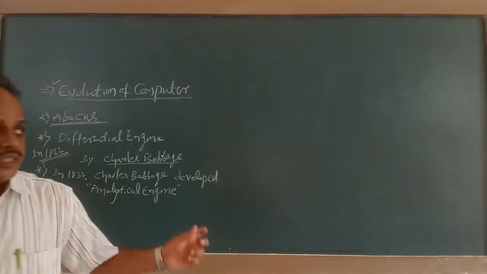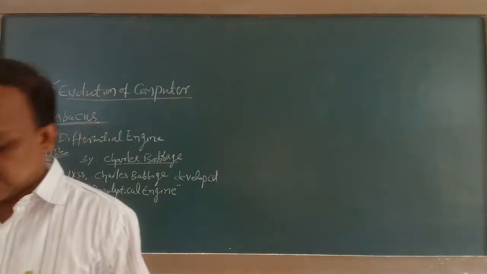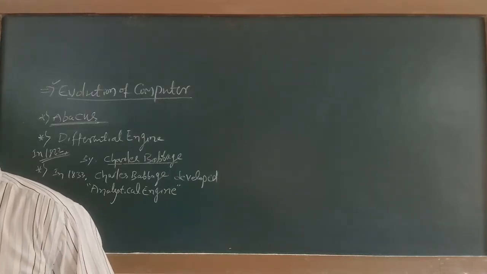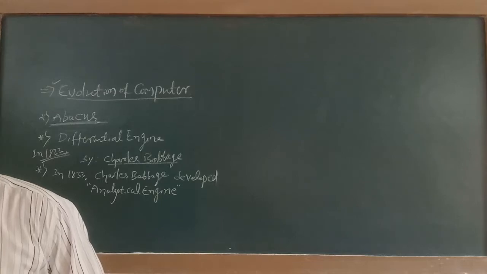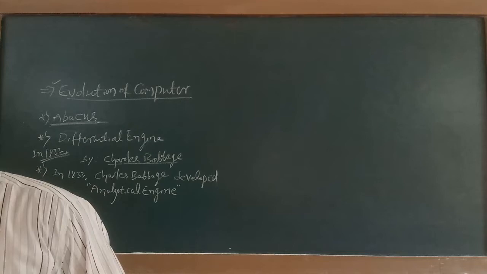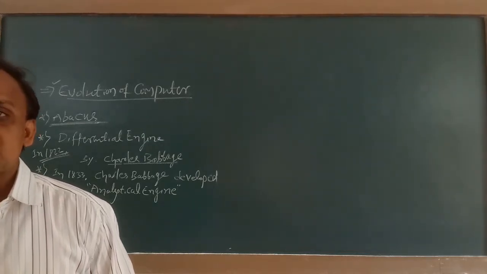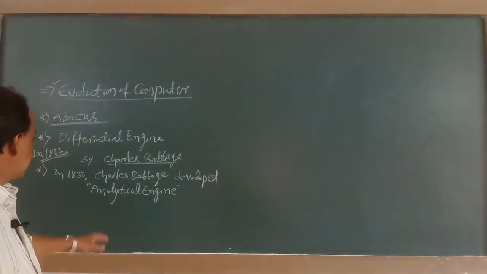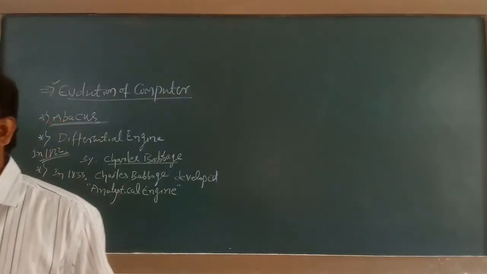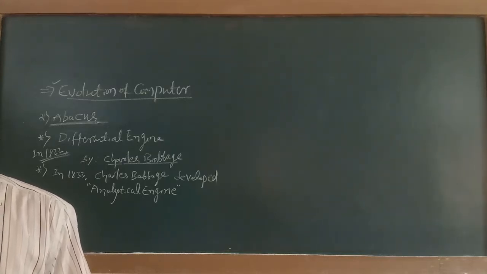So this is the first engine used to calculate various mathematical functions. It was so designed that once the initial values were set, it would produce the next few thousand values without mistake. Means this differential engine is able to produce a number of results without mistake.